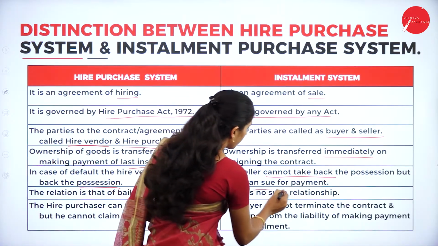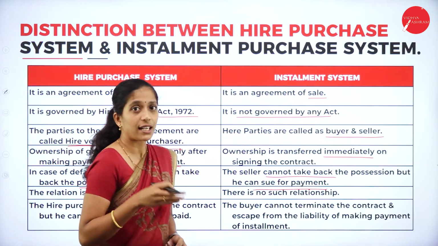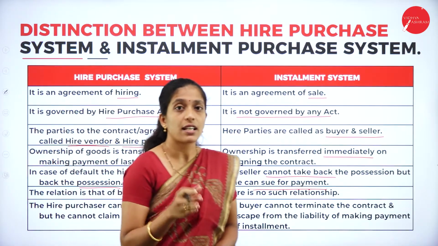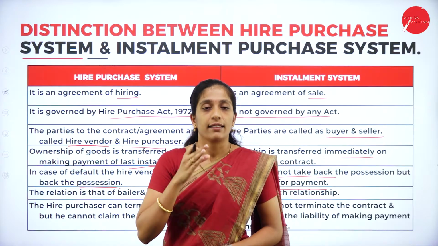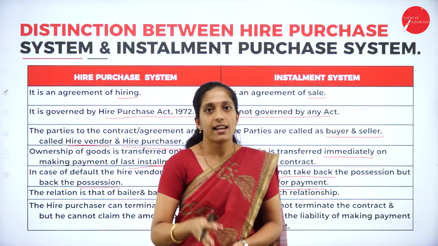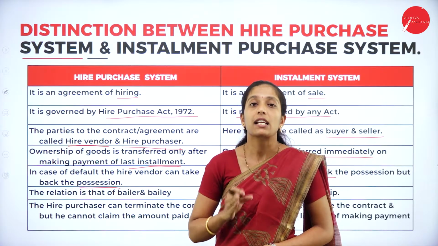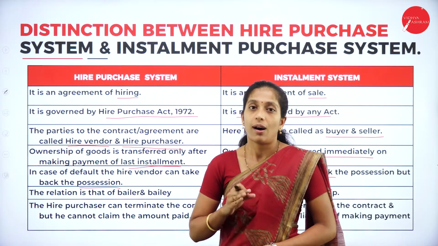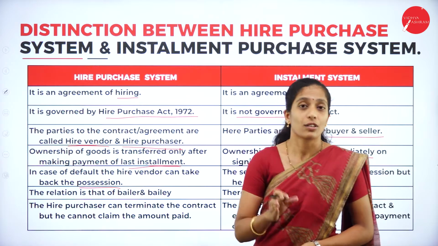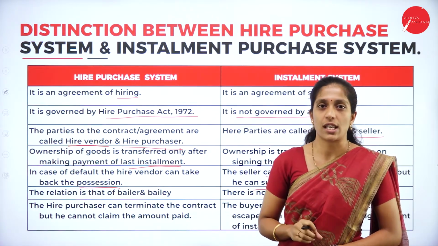So here, he cannot take back the goods under installment system. If the installment is not paid, then the seller does not have any right to take back the goods, but he can sue in the court on the purchaser.